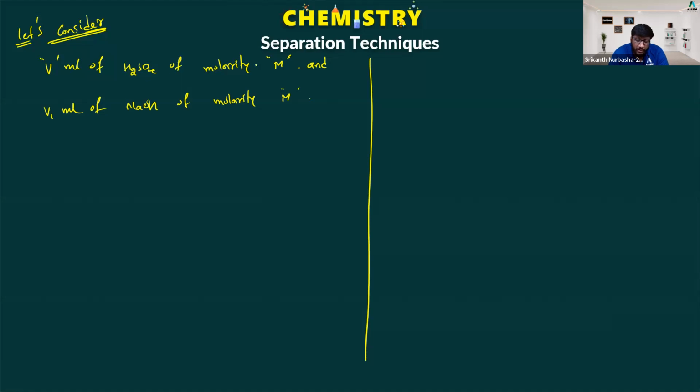V ml of H2SO4 of molarity M, and we are trying to add V1 ml of NaOH of molarity M. How many ml of H2SO4 of the same molarity M does V1 ml of NaOH of molarity M react with?